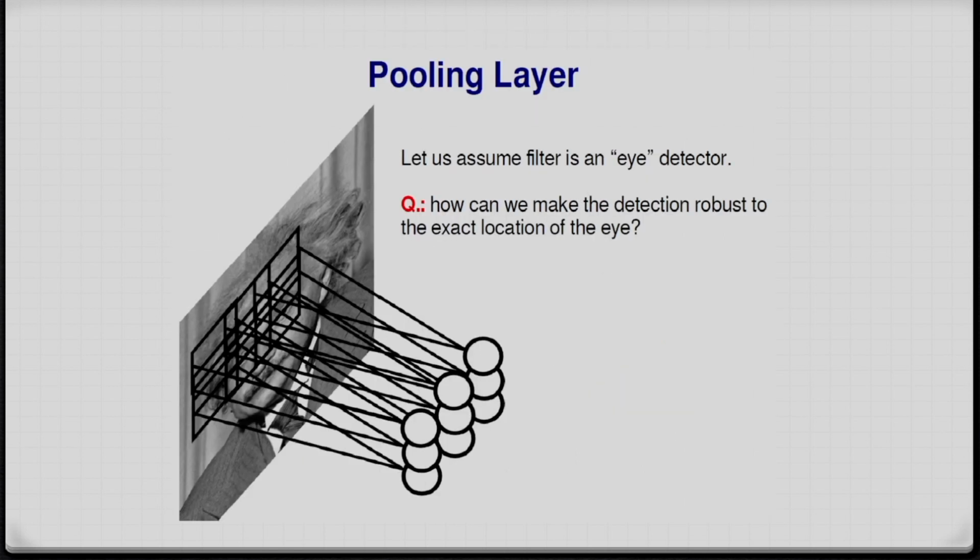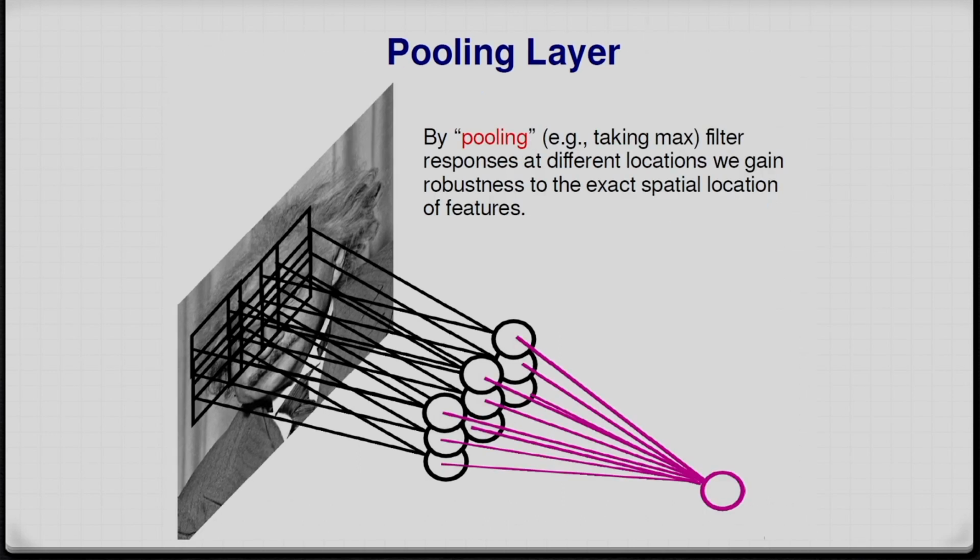So what is the importance of the pooling layer? In this example you can see, let us assume the filter is an eye detector. So I want to detect the eye of this face that is present in the image. So how can we make the detection robust to the exact location of the eye? First I have to do the convolution so that we can extract some features.